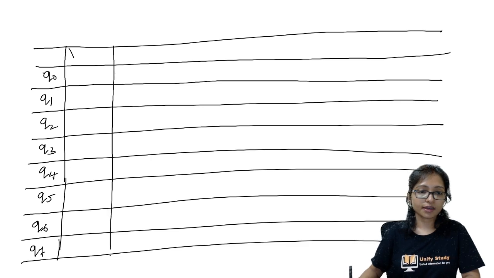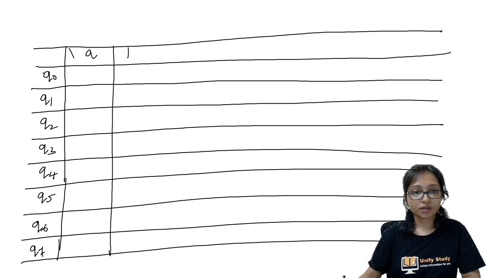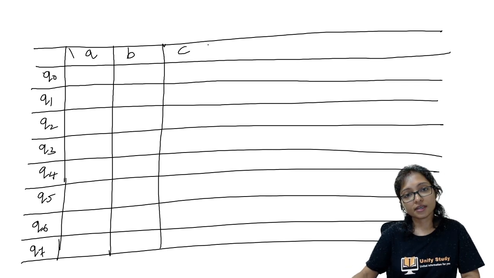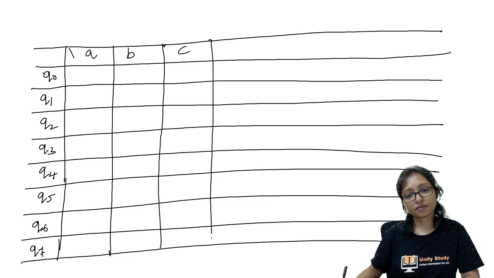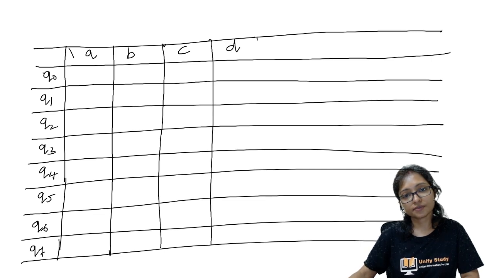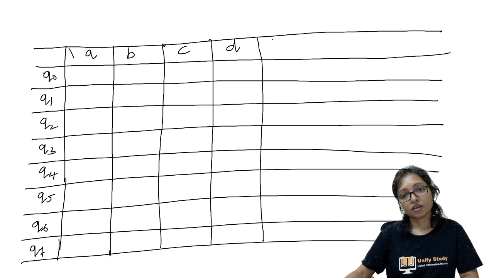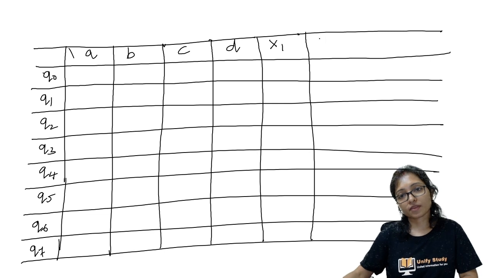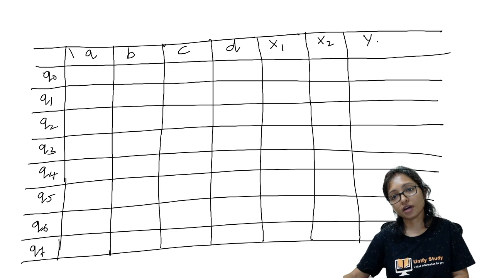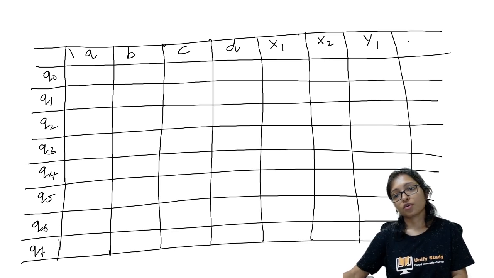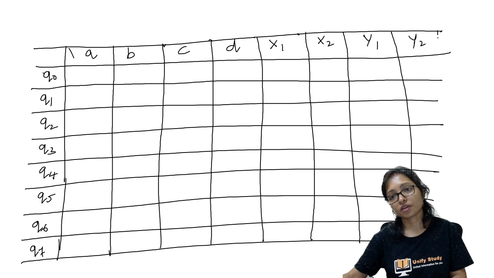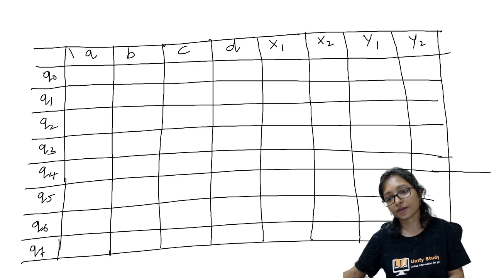What were the inputs? Input was A, B, C, D, X1, X2, Y1, Y2, and finally there was blank.